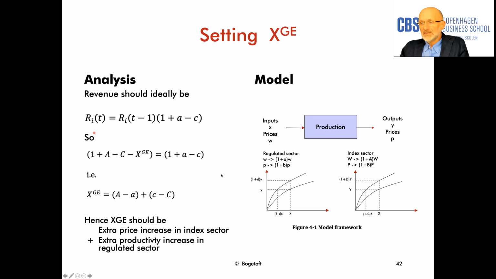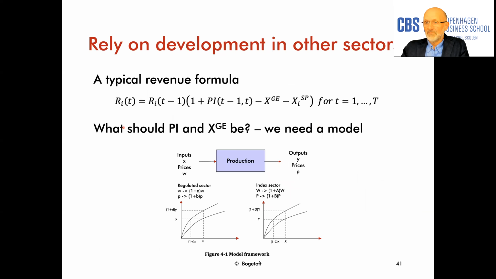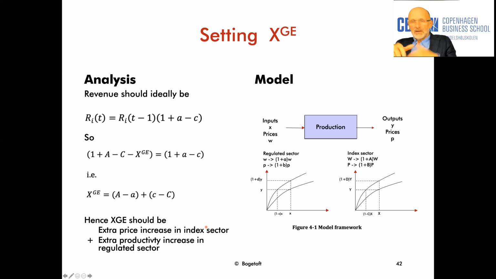If you have a case like I showed for my firm in the left part of this panel here, and I wanted to figure out how I should change my revenue from period t minus 1 to period t, you can say that it has to be increased by this A, which is the increase in input prices.